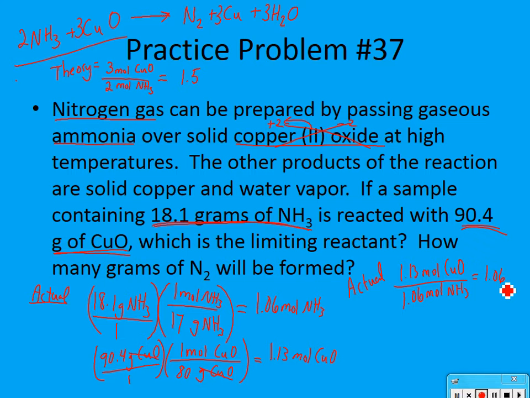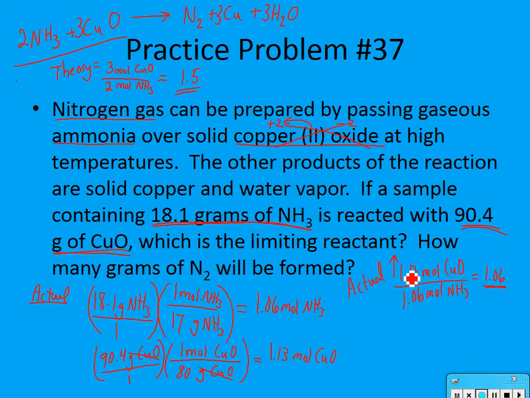Which number here is too small? Remember, we wanted this ratio to be 1.5. This number is not 1.5, it's smaller. So what's making it too small? Ask yourself, if this number got bigger, what would happen to this number? It would get bigger. So this one's too small.